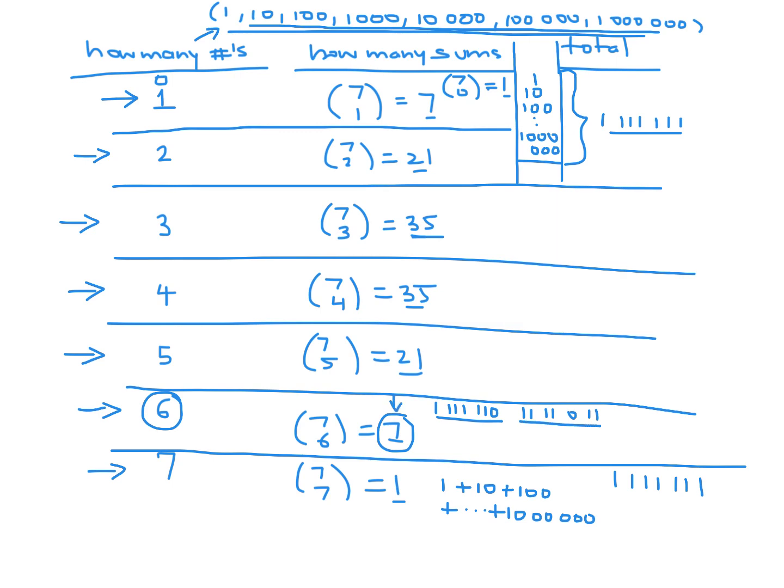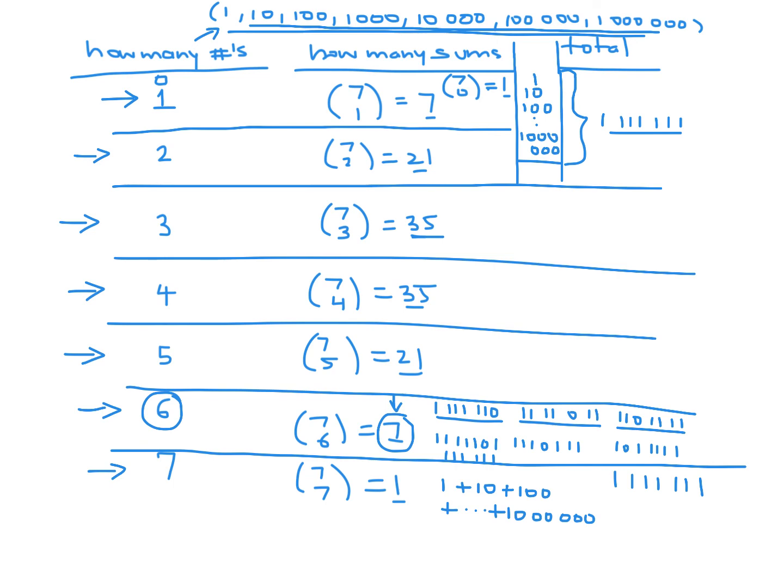And then there should be another one, 1, 1, 0, 1, 1, 1, 1. And then 1, 1, 1, 1, 1, 0, 1. 1, 1, 1, 0, 1, 1, 1. 1, 0, 1, 1, 1, 1, 1. And then 1, 1, 1, 1, 1, 1.